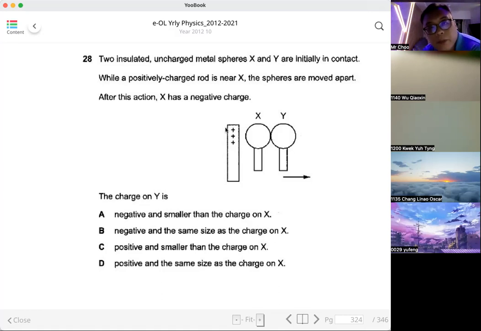So when you put a positive charge rod near X, what happens is that it will induce the charges. When it is near the positive, it will become negative.